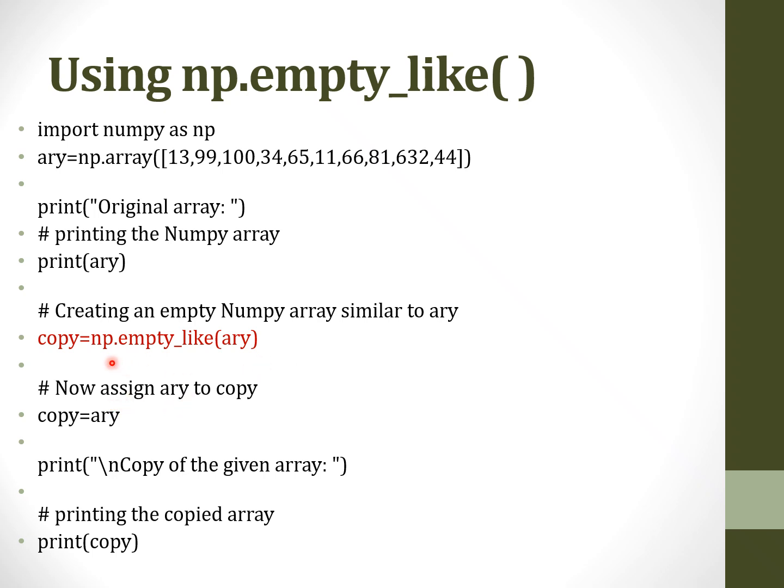Now an array is created with the same properties as the original array ary. After that, the elements from ary are copied and assigned to the copy variable. If you print, both ary and copy will have the same elements.